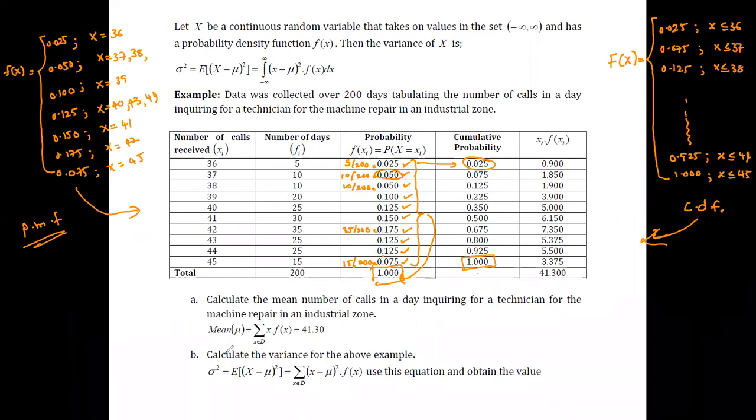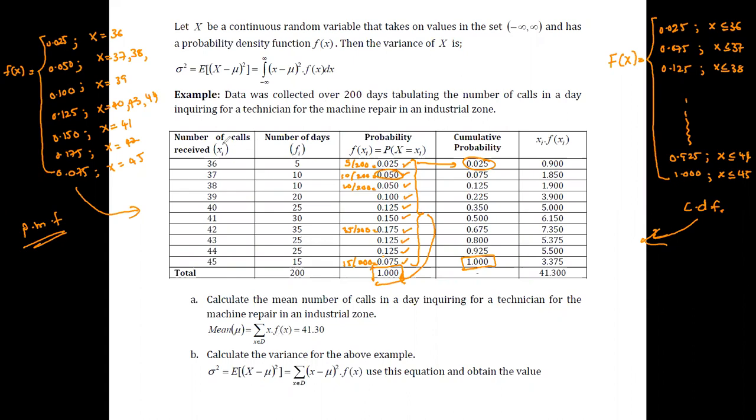And here it is asked to calculate the mean number of calls that they are getting for a day, asking for a technician. Therefore, using the concepts that we have discussed here, to calculate the expected value or the mean value, we can use this equation, summation of x times f(x).